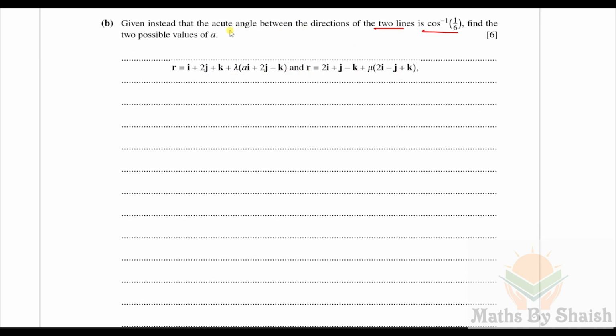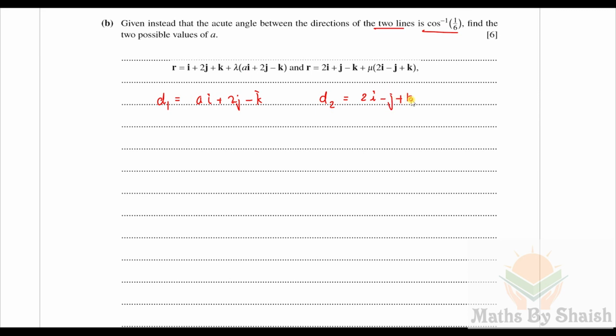Since these are the equations of the lines, it says that the acute angle between them is this. So we measure the angle between the direction vectors. So we can write D1, the first direction vector, as a i cap plus 2j cap minus k cap, and another direction vector D2 is going to be 2i cap minus j cap plus k cap.